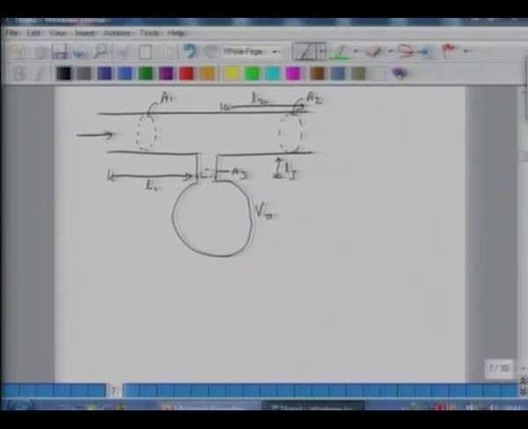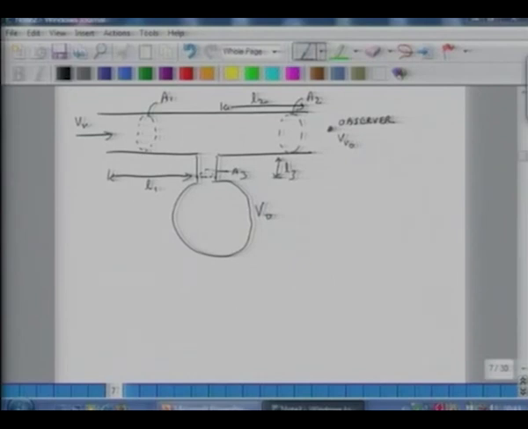And I'm sending signals through this side. Let's say the volume velocity is Vv. And then there's a guy sitting here, an observer, and he is measuring Vo.